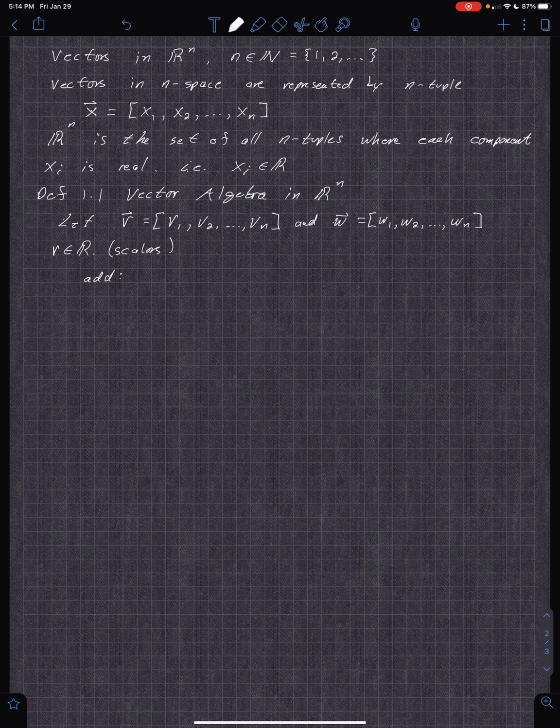Basically just add components just like before, nothing real special here, but we want to go through and define these pretty rigorously at this level. So v plus w is equal to v1 plus w1, v2 plus w2, etc., vn plus wn.